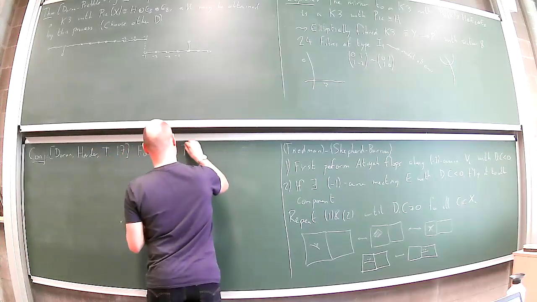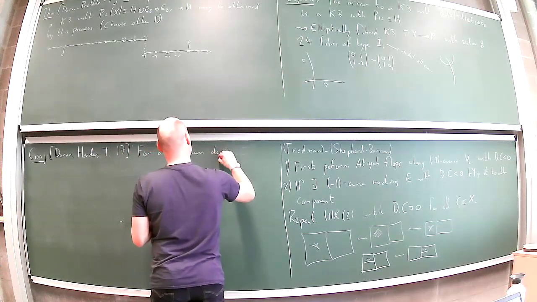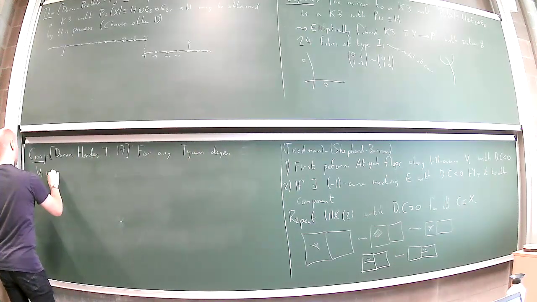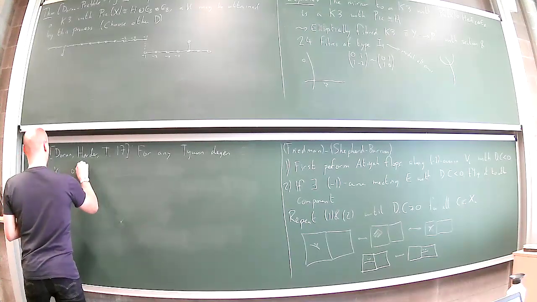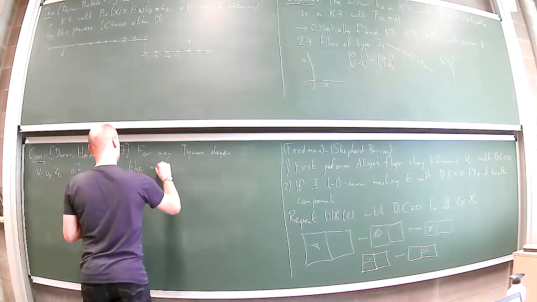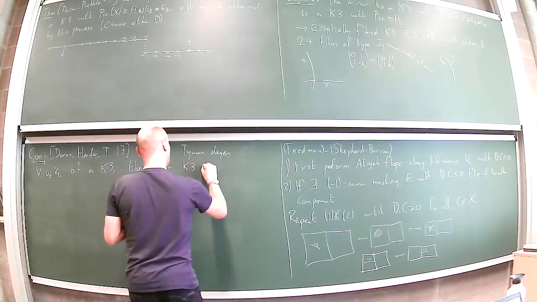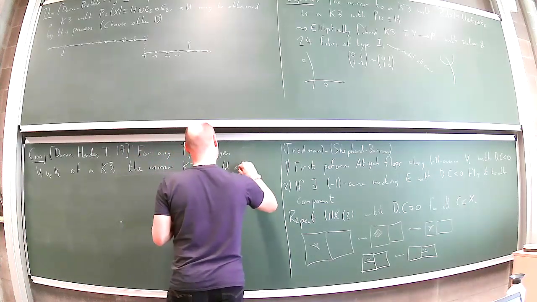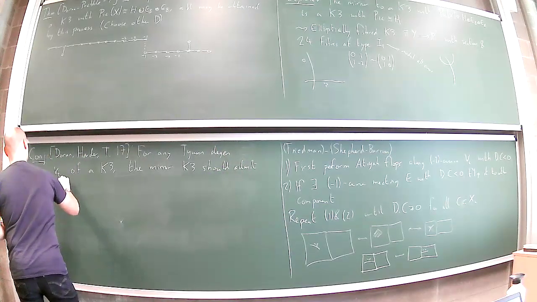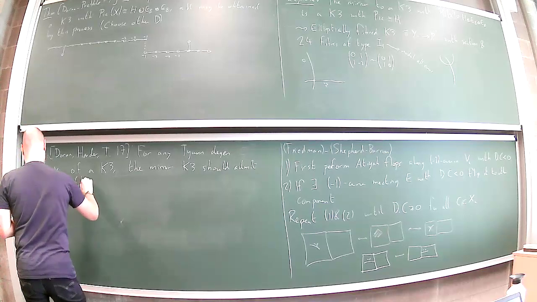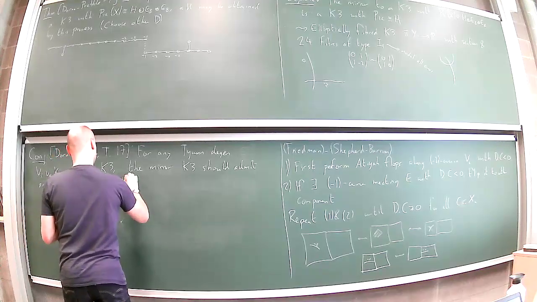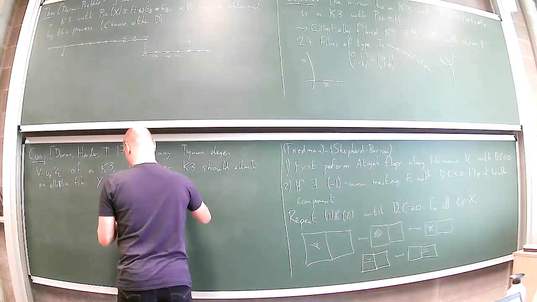So what does it say? It says for any Tyurin degeneration of a K3, let's say with central fiber V1 union V2, the mirror K3 should admit an elliptic fibration Y to P1 and a splitting.